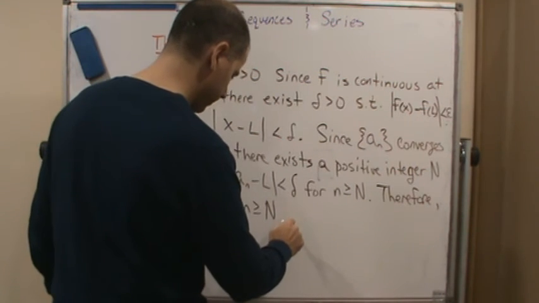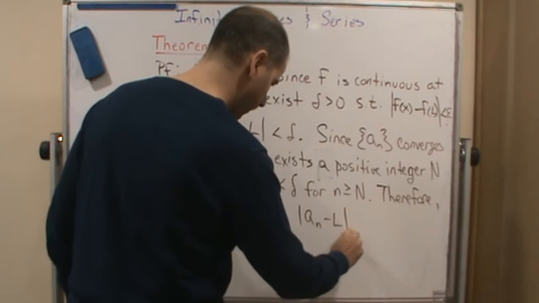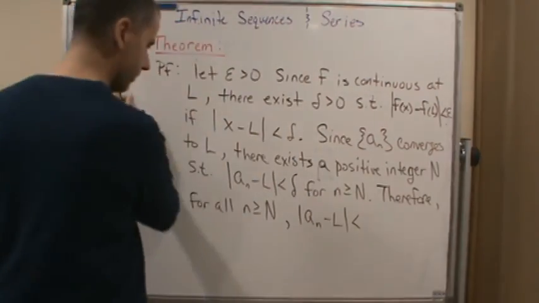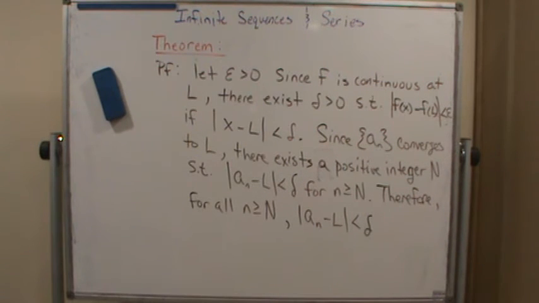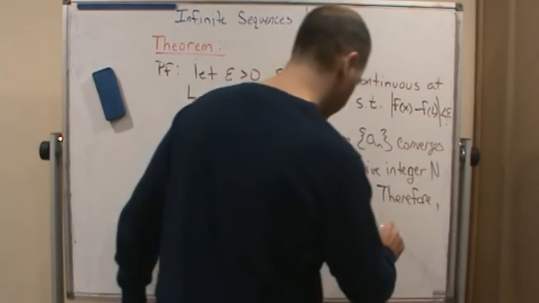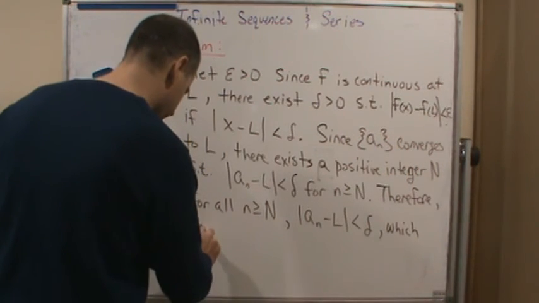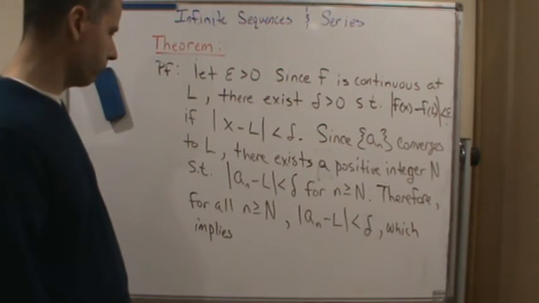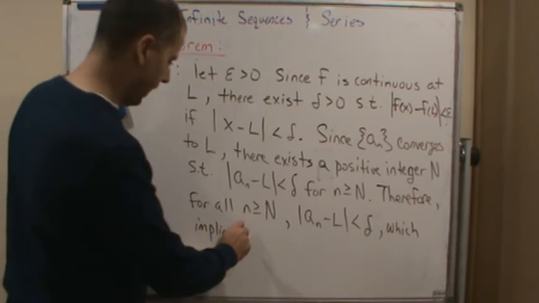We know that the absolute value of a sub n minus L is less than delta, which implies, if this is less than delta, then it implies that what?